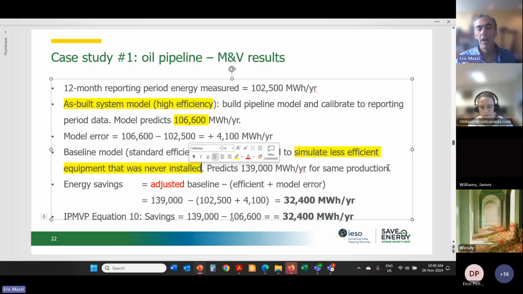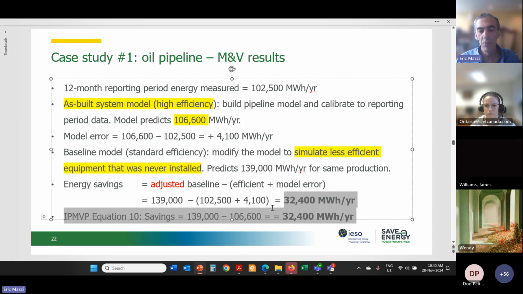This was for a plant expansion process, and so the baseline never existed. It was not expanded with the low efficiency equipment, only with the high efficiency. And so the model predicted 139,000 megawatt hours per year. I'll just jump to this bottom equation here.